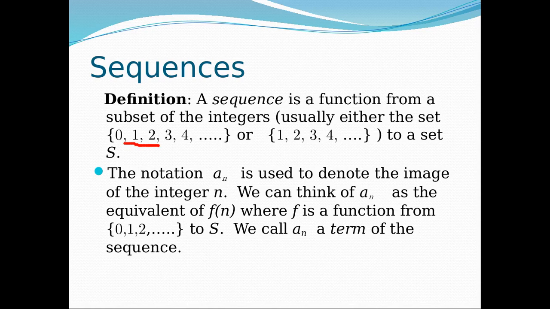Now, as you can see, in this case the function has a domain which is a subset of integers. So basically, we are talking about integers which are from 0 to n or from 1 to n. And as you will see in a while, sometimes we have 0 included and sometimes we don't. But the set S can be anything.